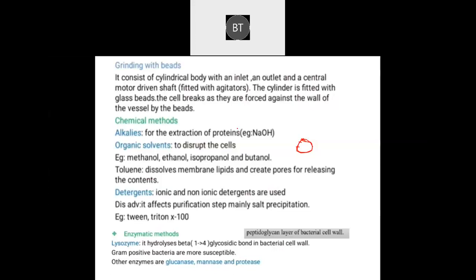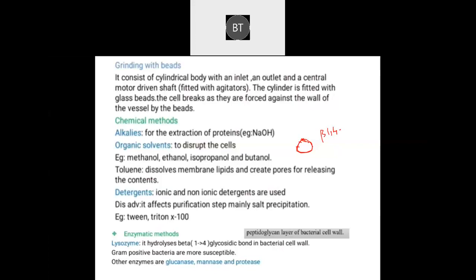The enzyme we use commonly is lysozyme. This enzyme hydrolyzes the beta 1,4 glycosidic linkage of the peptidoglycan layer of the bacterial cell.